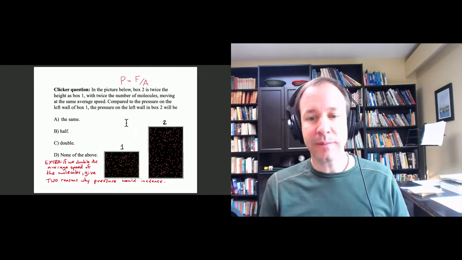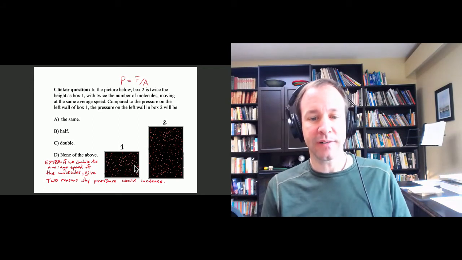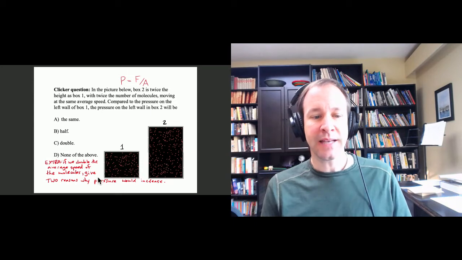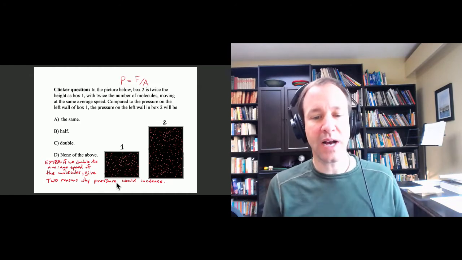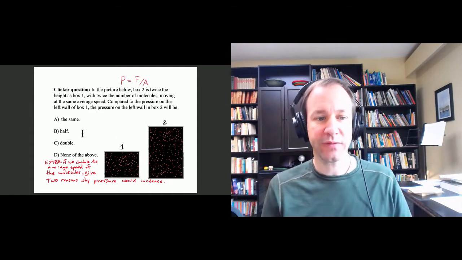And as a follow-up to that, so here we assume the molecules are at the same temperature, that they're moving at the same speed. As a follow-up, I want you to think about, if we double the speed of the molecules, what are the reasons why the pressure on the walls would increase? Okay, so pause your video, think about these questions, and then we'll talk about them.